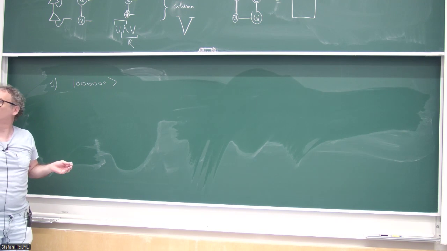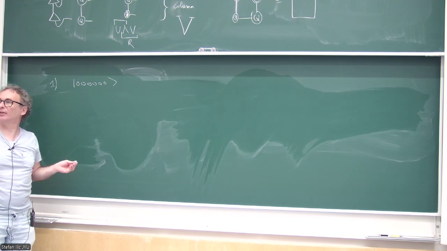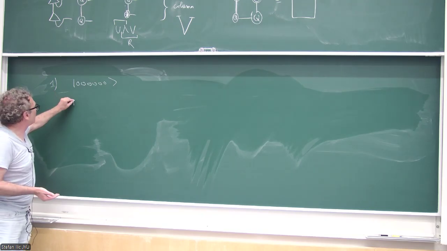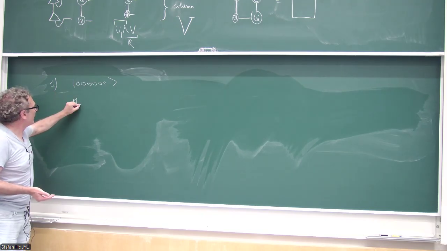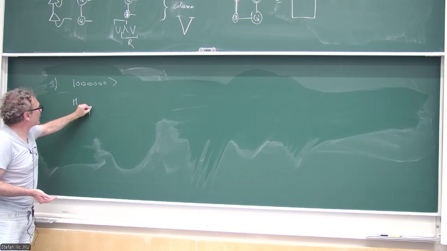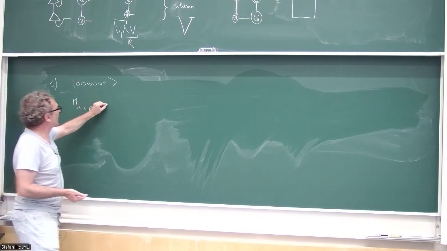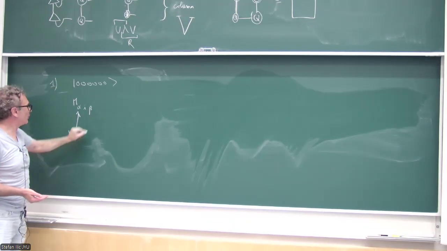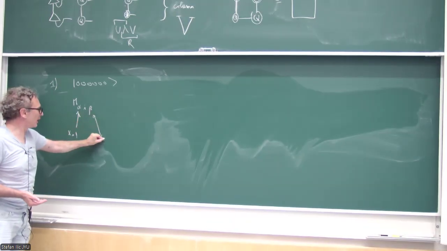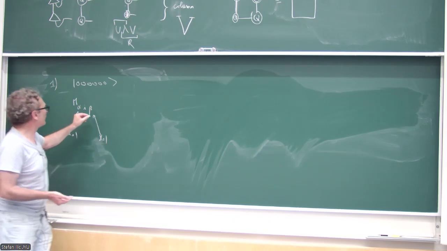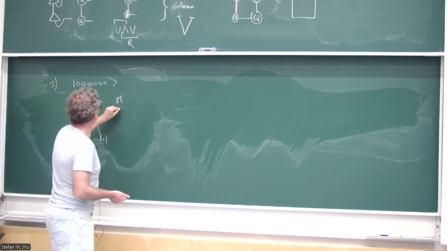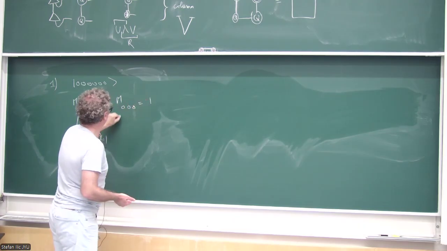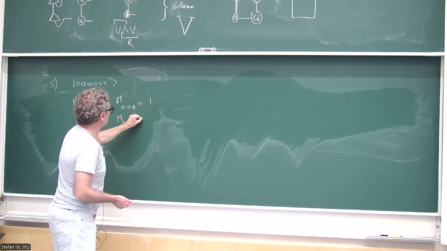The MPS is a list of 3-leg tensors, and initially all these tensors will be the same, M alpha, i, beta. Initially, the ranks are just going to be 1. So essentially I have M0,0,0 equal 1, and M0,1,0 equals 0.